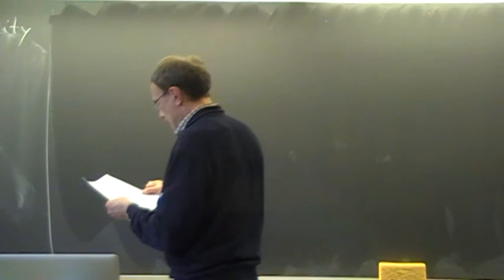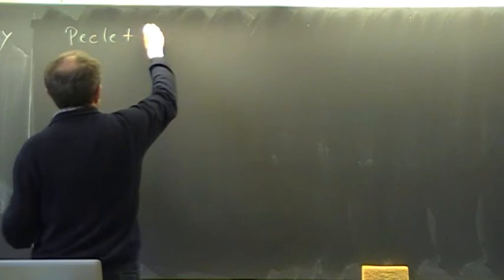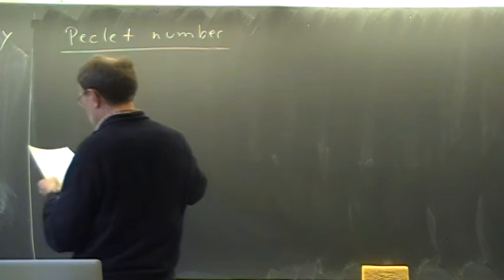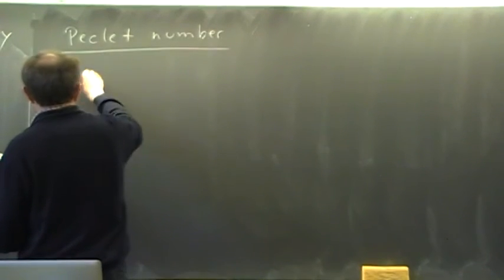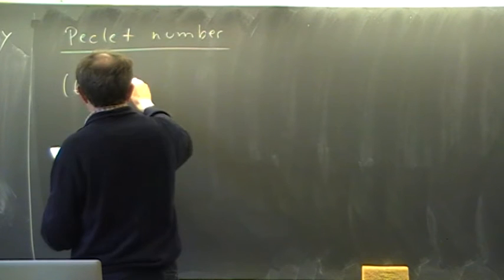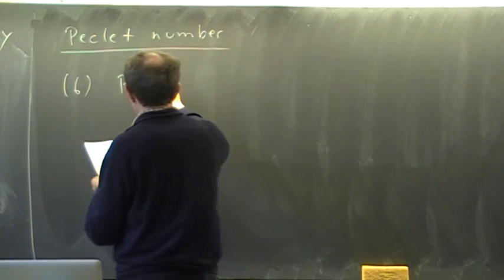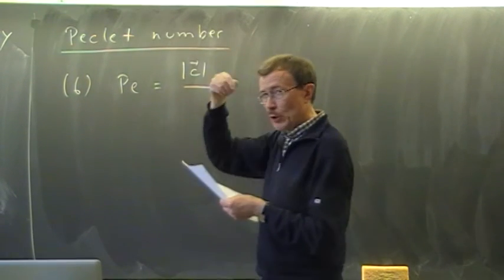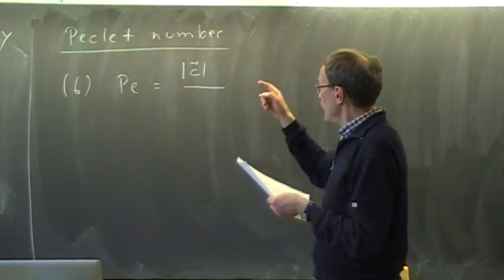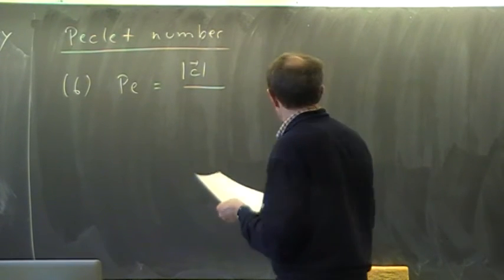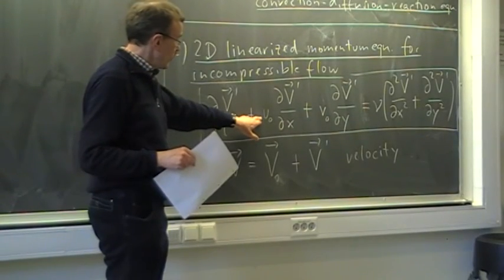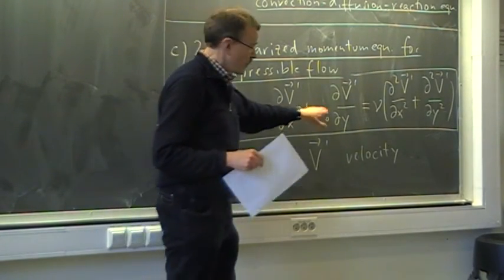So the Peclet number. Peclet number is, and we define it, if we go back to the original form 1, the advection velocity was denoted by C. Here it would be the uniform flow vector V0 with the components U0 and V0.